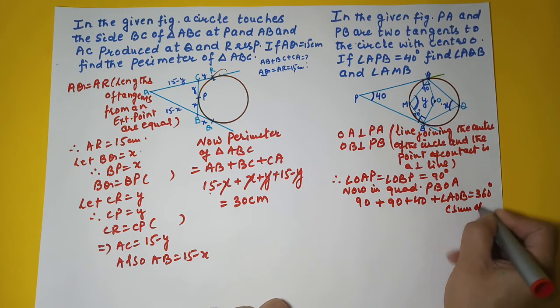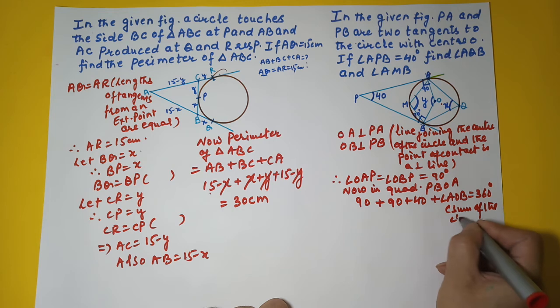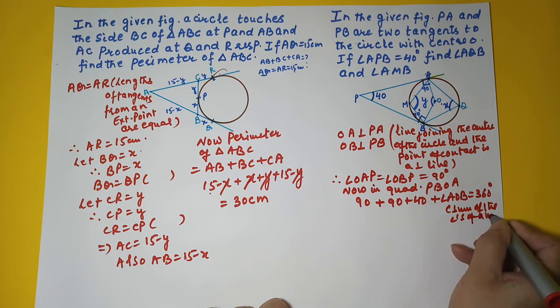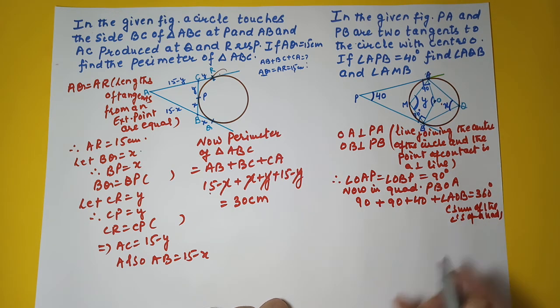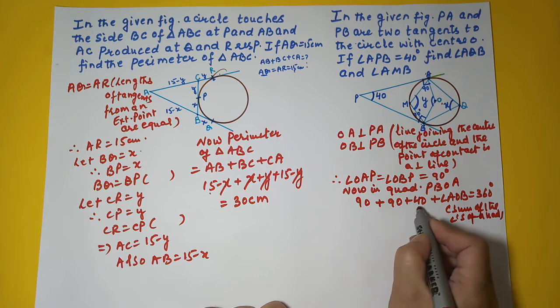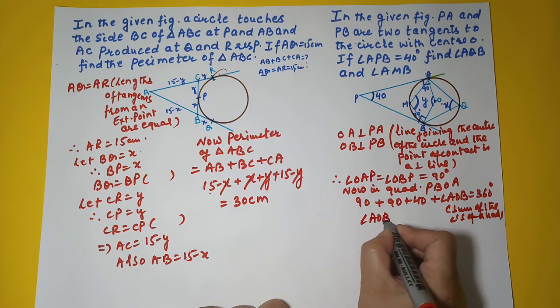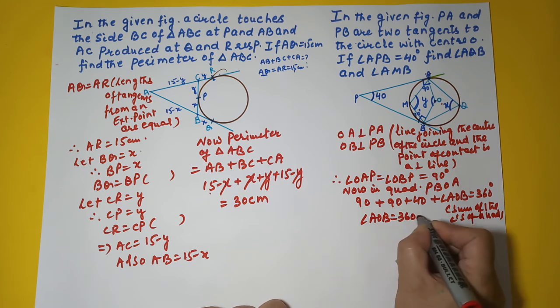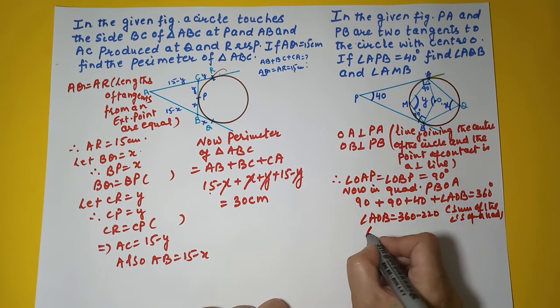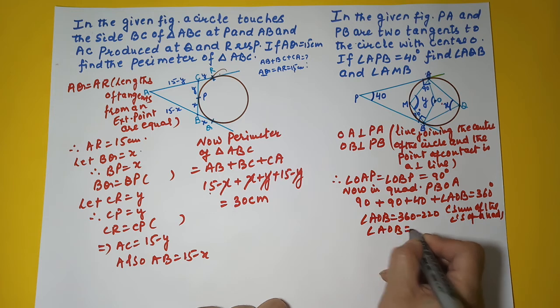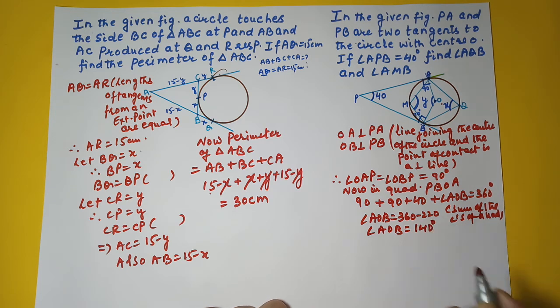Sum of the angles of a quadrilateral. So 90, 90, 180 plus 40, 220. So angle AOB is equal to 360 minus 220. So angle AOB is equal to 140. You got this angle as 140.